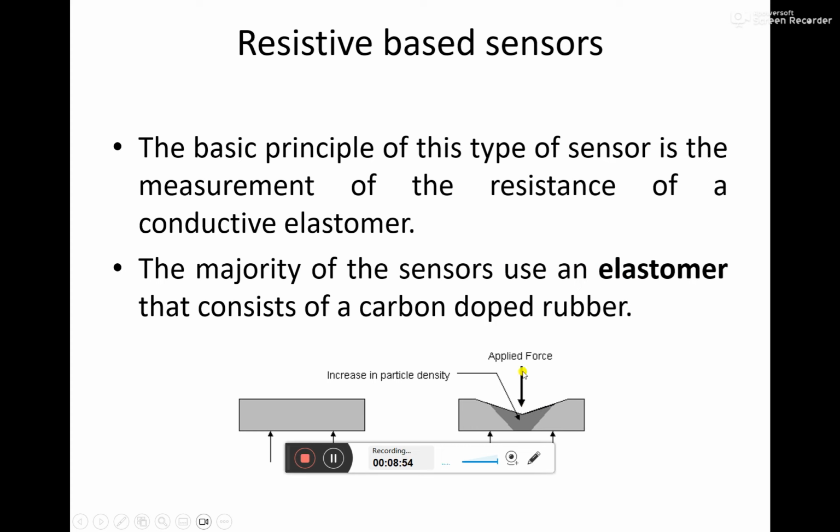Whenever some force is applied over the resistive elements, they get compressed. It will increase the particle density, and due to that there is a variation in the resistance value. That resistance value will be converted into an appropriate measurement value. That is the principle behind resistive based sensors.